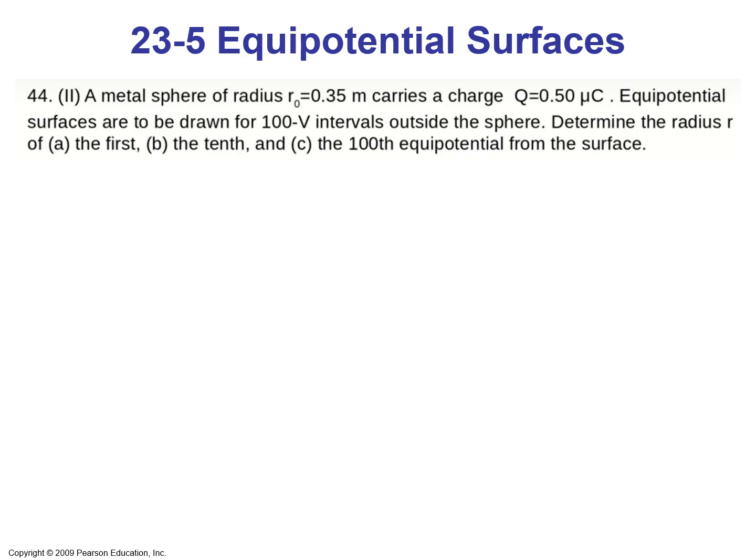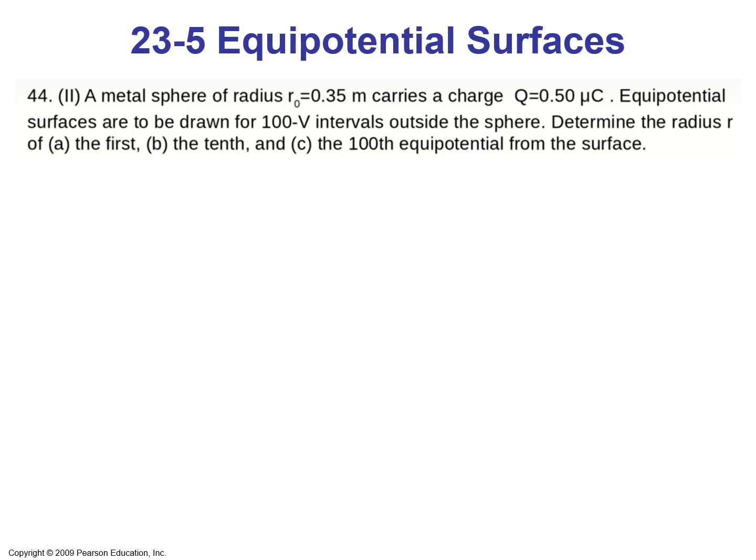Equipotential surfaces are to be drawn for 100 volt intervals outside the sphere. Determine the radius r of A, the first, B, the 10th, and C, the 100th equipotential from the surface.